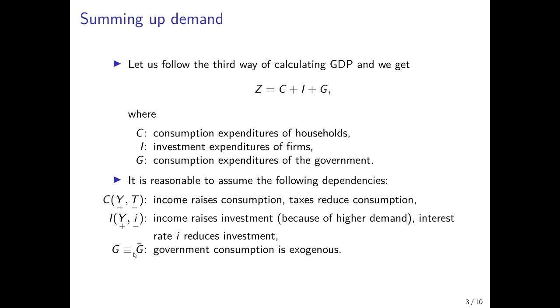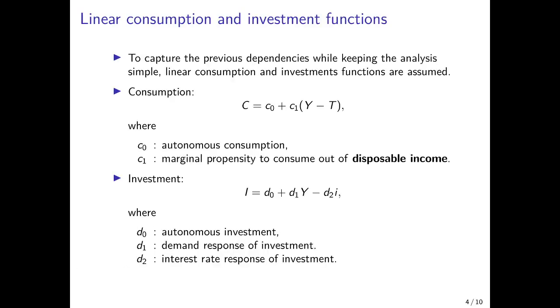And governmental consumption is usually seen to be exogenous, so the government just decides on a certain amount of spending that is, in this case, typically denoted by G bar if it's exogenously given. To keep the analysis simple, but nevertheless capture the dependencies that we just talked about, it's typically assumed that linear functions describe consumption and investment.